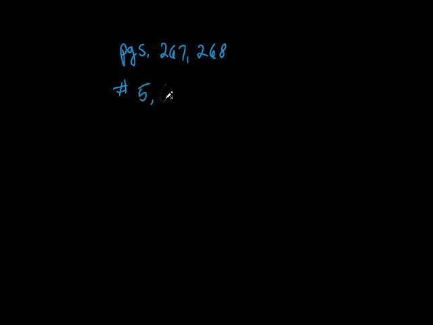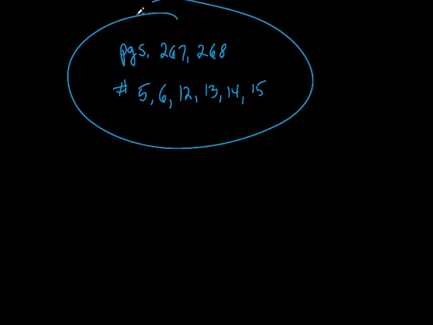You should be writing this down. 5 and 6, 12, 13, 14, and 15. All right, so that's your homework. This is section 4.4. Pages 267, 268. You're doing these right here. Now, it's from the book, so what are you doing with the pictures here? You're drawing the pictures, you're writing the given, you're writing what you're trying to prove. Okay, that's your homework right there.